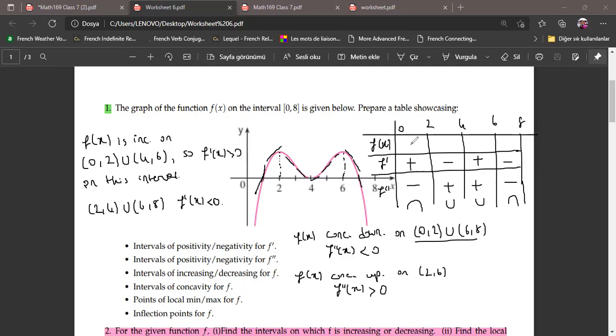And it's increasing, decreasing, increasing, and then decreasing. So its local max is at x equals 2, local minimum at x equals 4, and local maximum at x equals 6. And the inflection points are x equals 2 and x equals 6, right? Here it doesn't change its concavity at the point 4, so it's not an inflection point, but 2 and 6 are. Okay.